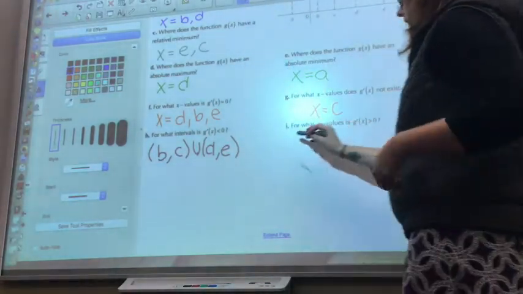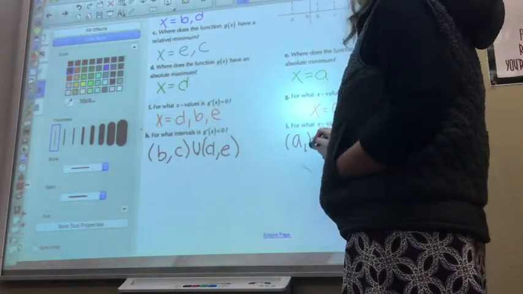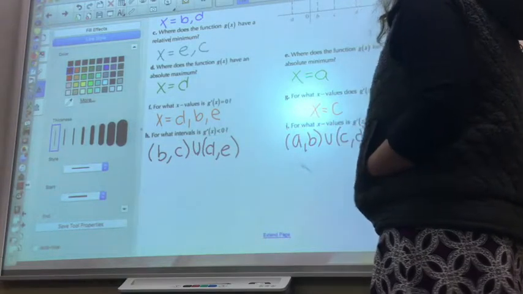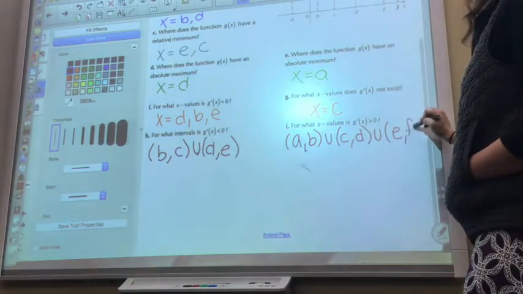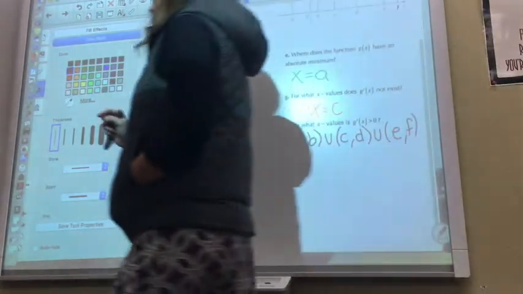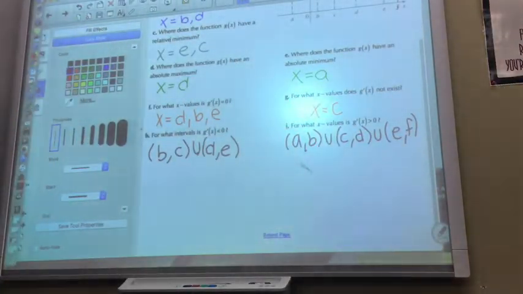A to B, C to D, and E to F. And remember that U just means union, so we're saying on this interval also, and then also on the other interval. Does that seem okay? Yeah? Okay.